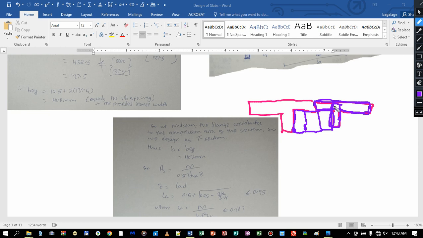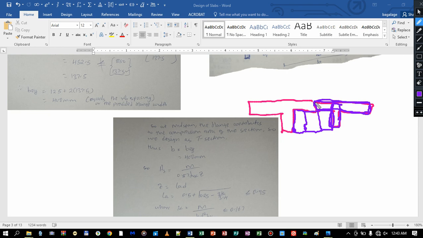That is for sections whereby the bottom part is in tension and the upper part is in compression, for example the span regions, the midspan portion.